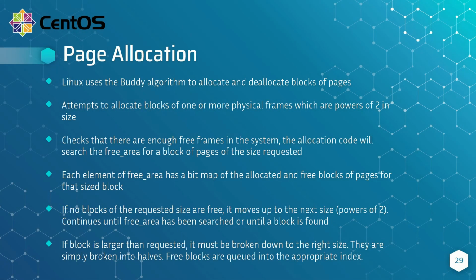So, page allocation. Linux uses the buddy algorithm to allocate and deallocate blocks of pages. What it does is it first attempts to allocate blocks of 1 or more physical frames that are in powers of 2. It first checks that there are enough free frames in the system, and then it will search the free area data structure for a block of pages of the size requested.